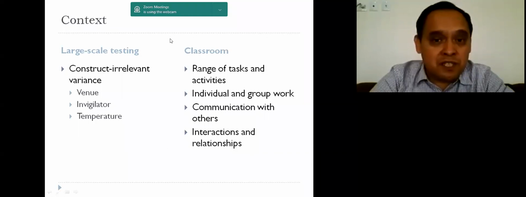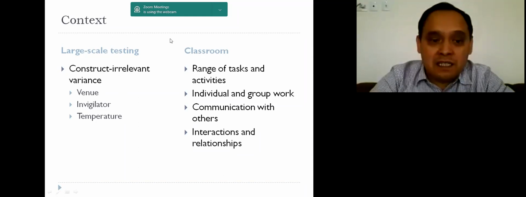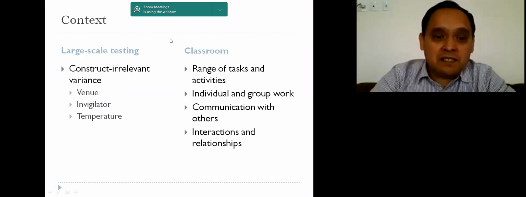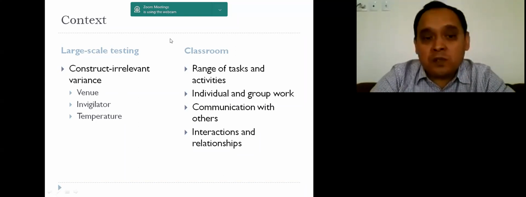It is the temperature. It is lighting. It is time of the day. It's day of the week, and so on. And in large-scale testing, these variances or these aspects of the context should not be influencing the outcome of the test. That's why in language testing literature it's called construct irrelevant variance.